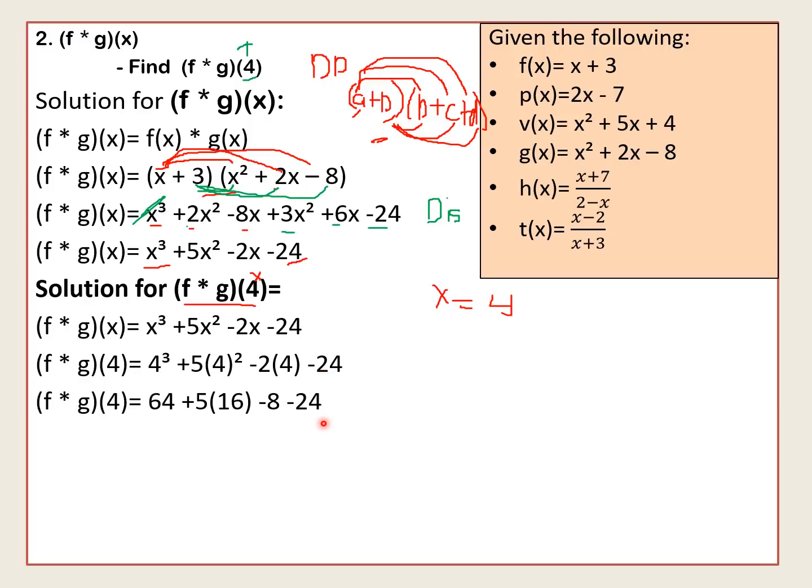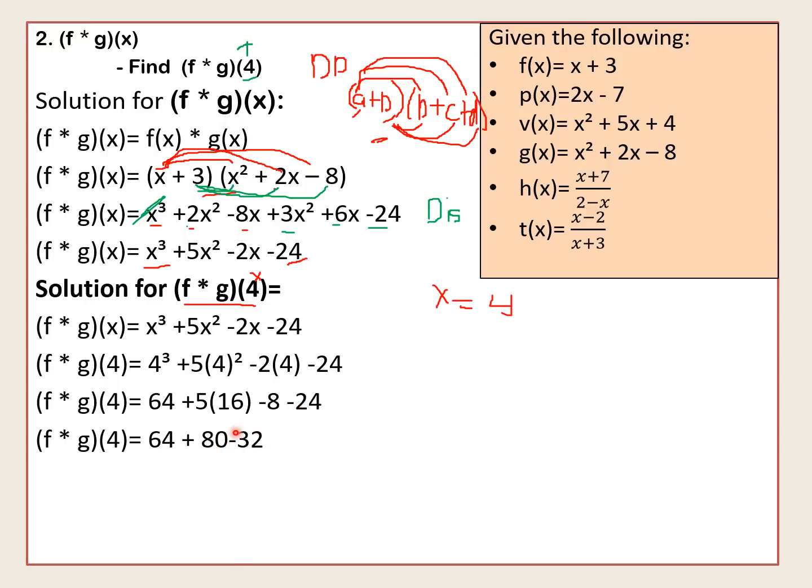Okay, next. Simplify pa natin. Okay, pwede pa yan. So, f times g of 4 equals, bring down 64. Tapos, ito na. It would be what? It would be 5 times 16 equals 80. Minus 8 minus 4. Negative 8 minus 4 is negative 12.